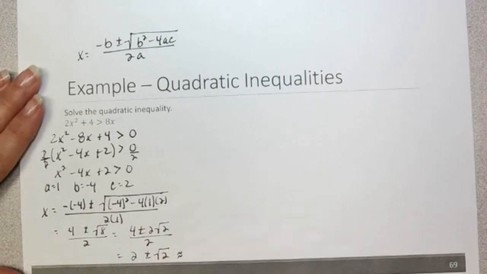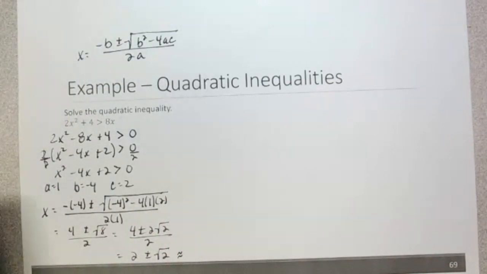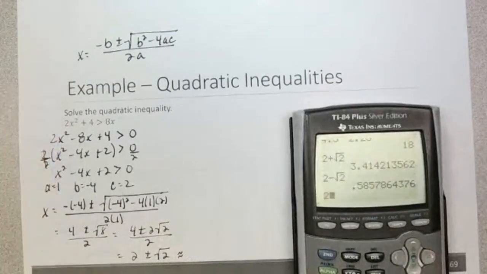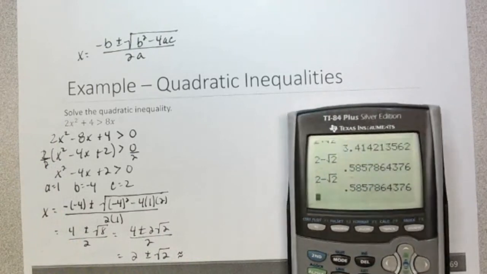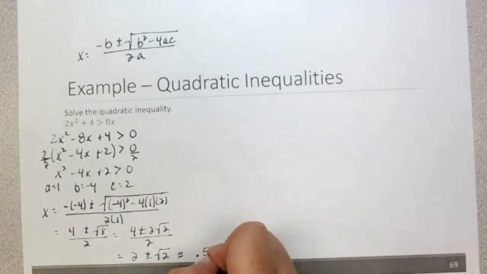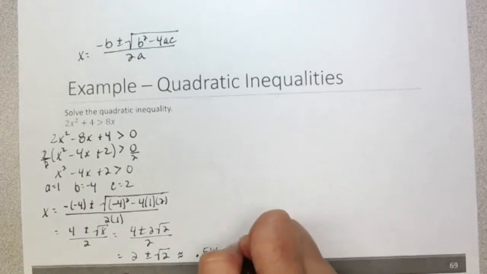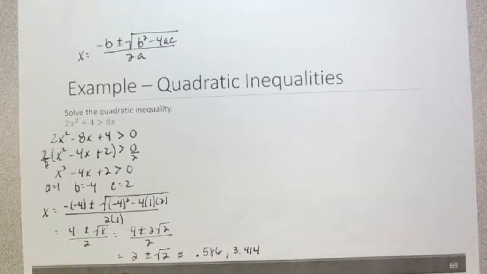Let's approximate them so we can see kind of where to put those on the number line. 2 minus the square root of 2 is 0.586. 2 plus the square root of 2 is 3.414. So there's my two values.